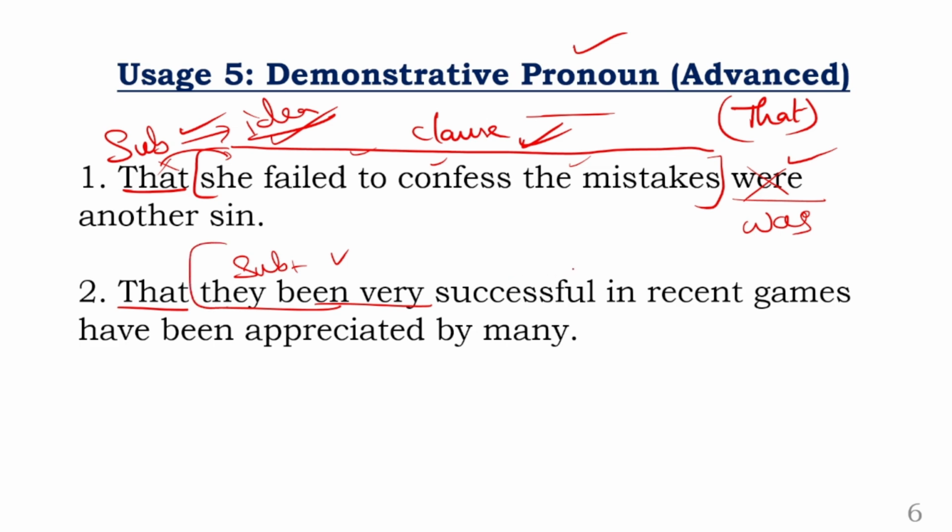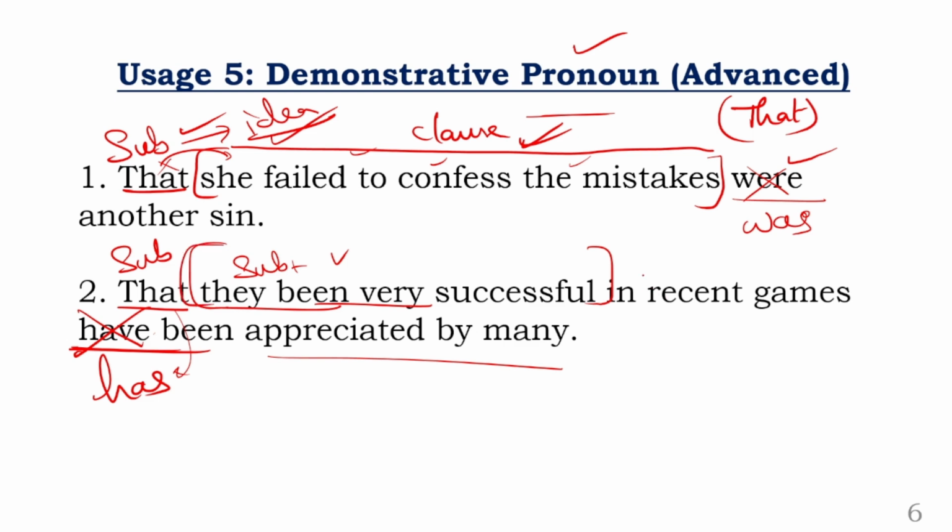This is one clause. This is one clause. Now what is the first clause? That is a subject, and the word have been is a verb agreement. So it is not have, actually the correct word should be has. Clear? So that has been appreciated by many. Something has been appreciated by many. So that has been appreciated by many is again separated by one more clause here.